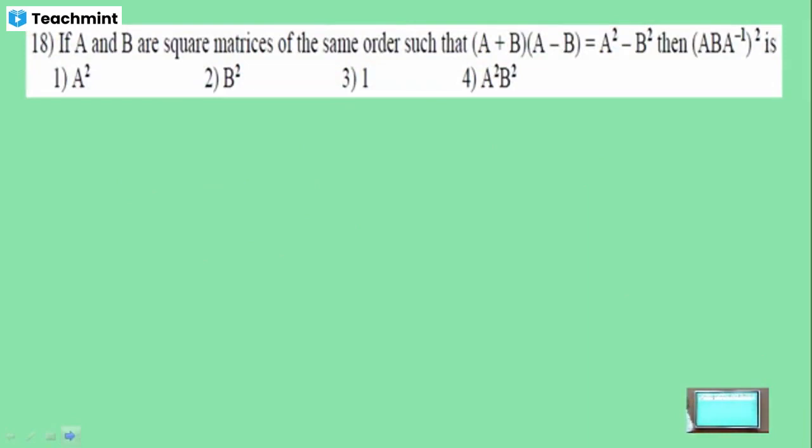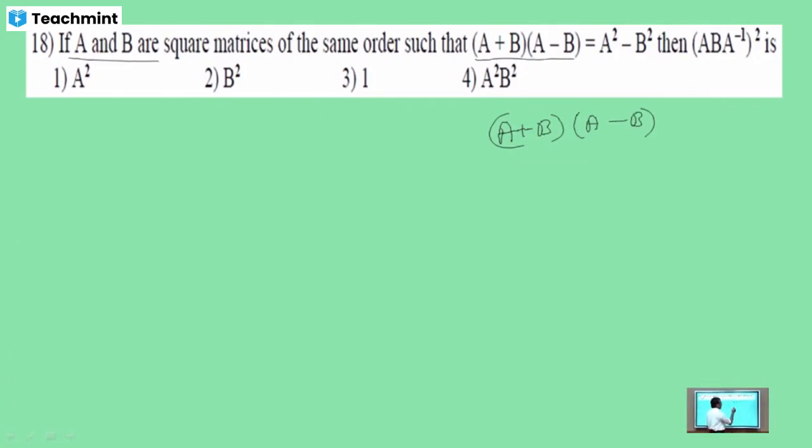Now A and B are the square matrices of same order such that (A plus B) into (A minus B) equal to A square minus B square. Then (AB A inverse) whole square is equal to... First we need to look at this. (A plus B) into (A minus B) equal to A square minus B square as the identity.